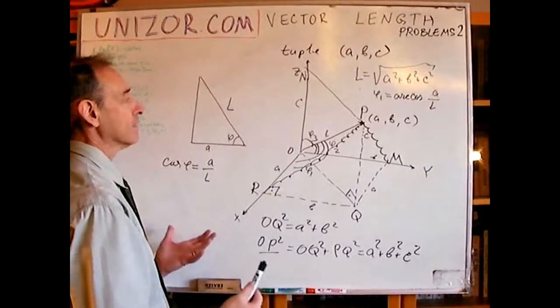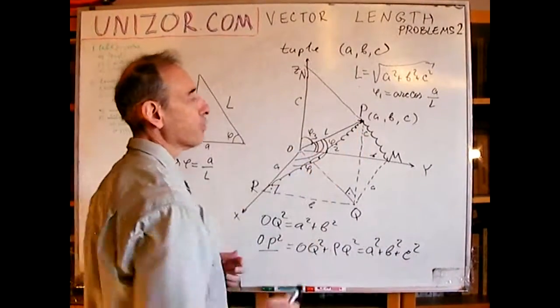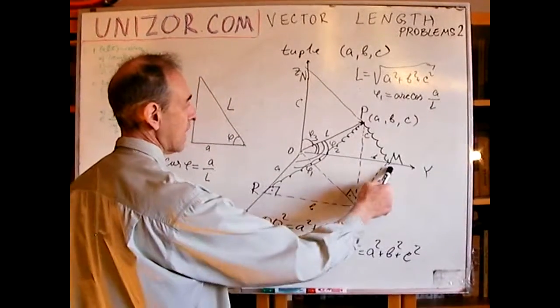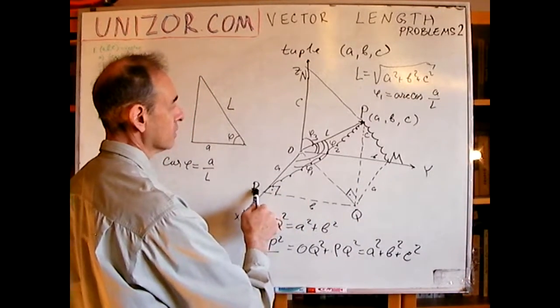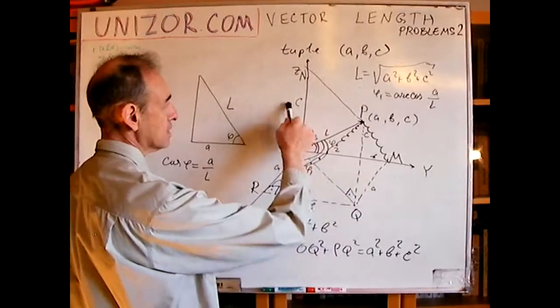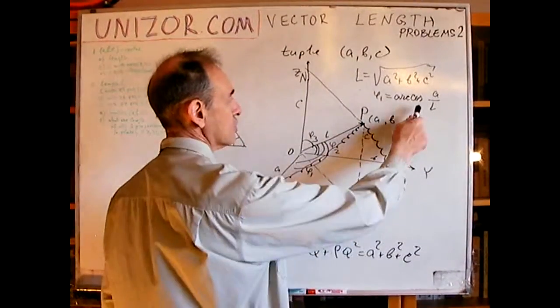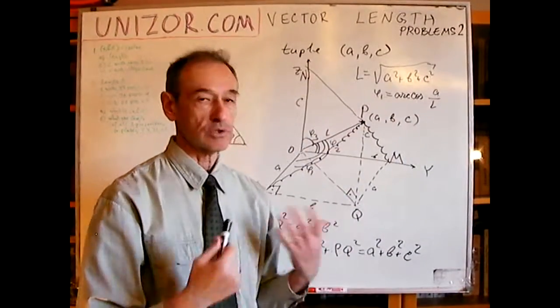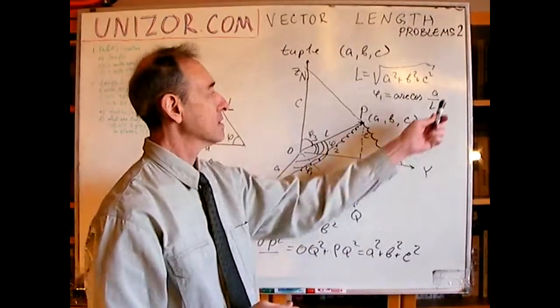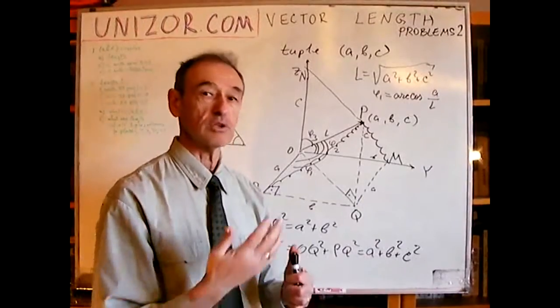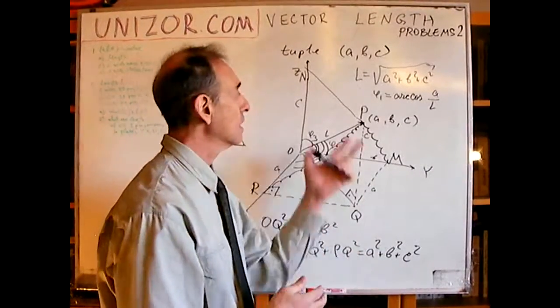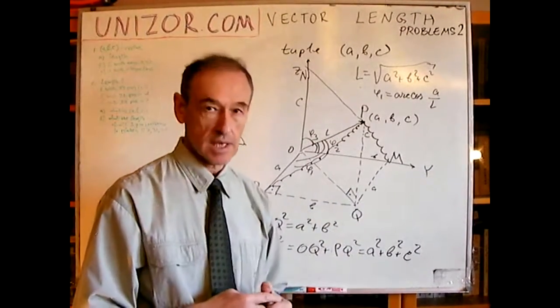Again, we derived it by projecting the endpoint of the vector onto each of the axes, and the projection points have the lengths A, B, and C, and the length of the vector we have already calculated. So just substitute L into this formula and you will get one angle, and then instead of A, put B, and you will have another angle with the y-axis, and C for the z-axis.